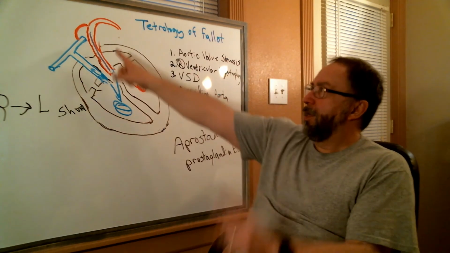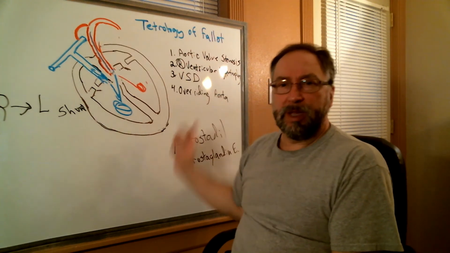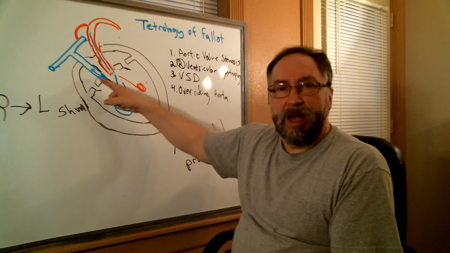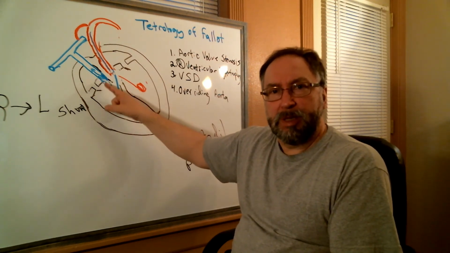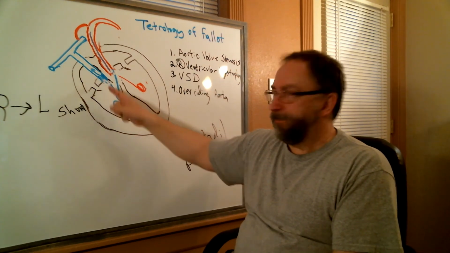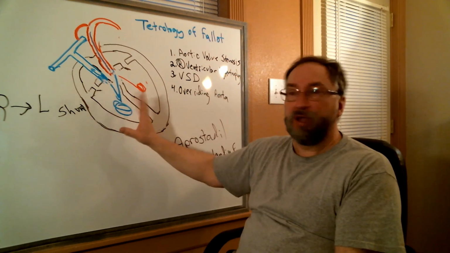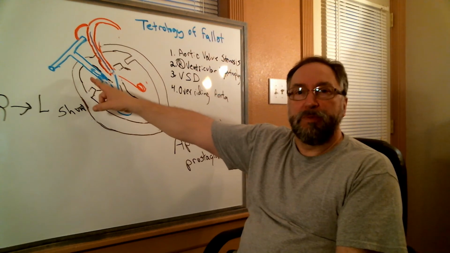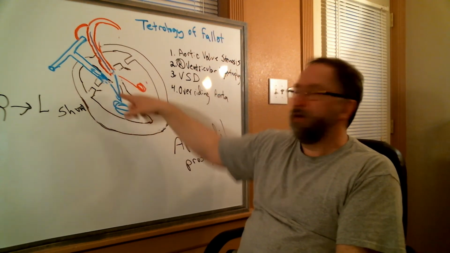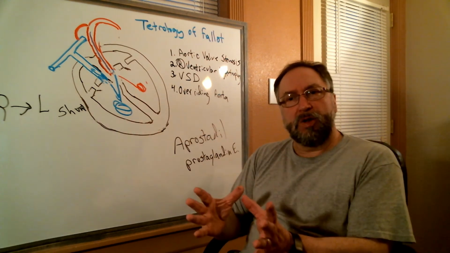Or they can come in here and try to open that up with an angioplasty and maybe put a stent in there, so that they can increase the amount of blood going up through the pulmonary artery. If they can open that up a little bit, you can cut down on all of these problems.